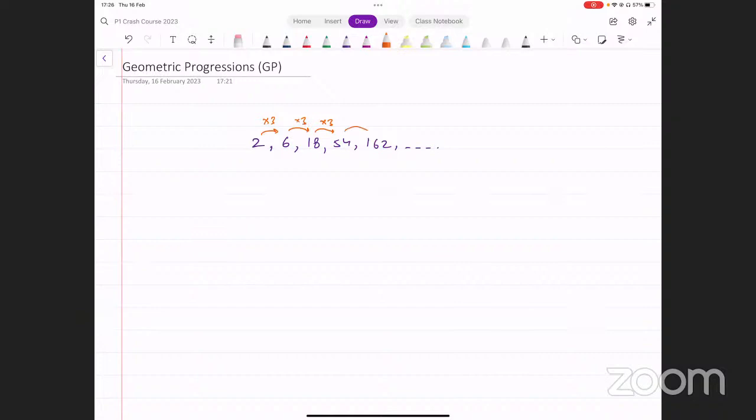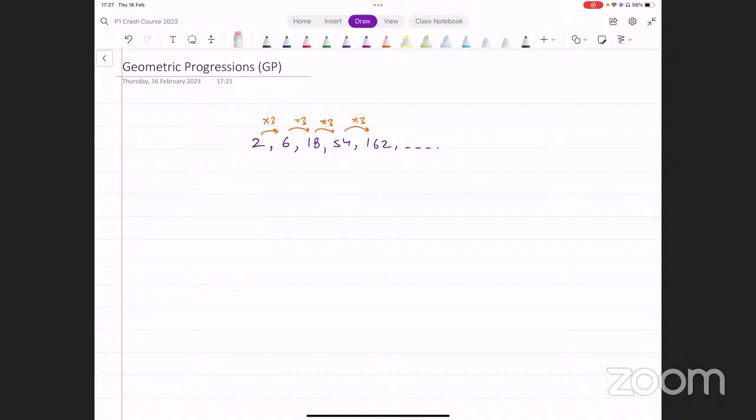And so on. So how can you find the next term in this case? You can find the next term by multiplying the previous term by 3. All right. So that is what is happening in this particular sequence. This number that you see here is called the common ratio between these consecutive numbers.